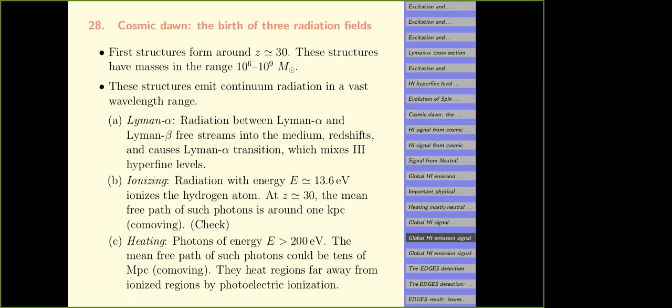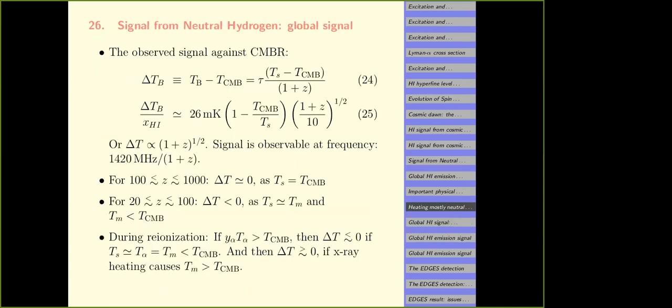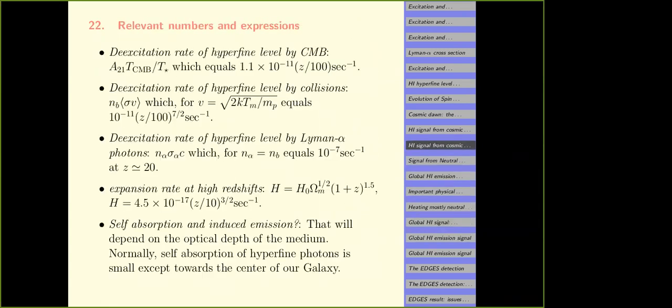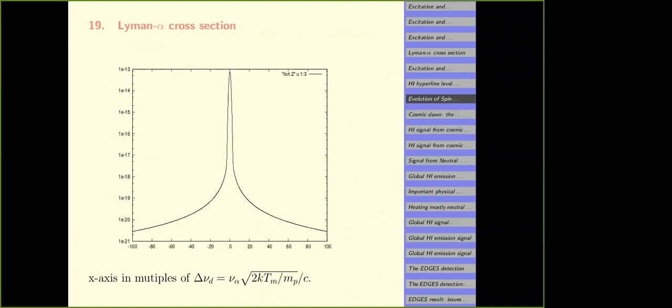Okay, sure. I'll just show you a figure which I showed yesterday. I'll come back to this. This is the Lyman alpha cross section. If I produce a photon which is very close to the resonance, it has a very, very small cross section, right? Correct.